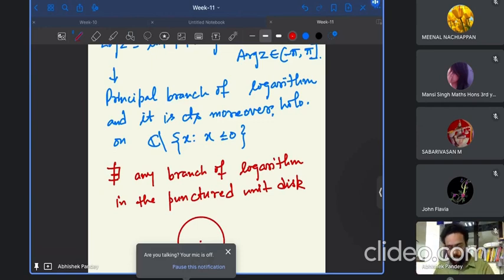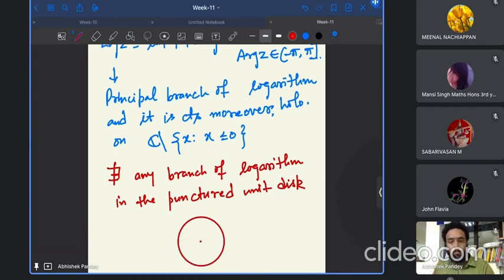If you define any branch of the logarithm, you will have a ray starting from the origin. You take any ray, and this part will be in the unit disk.